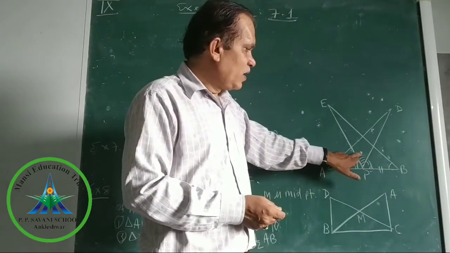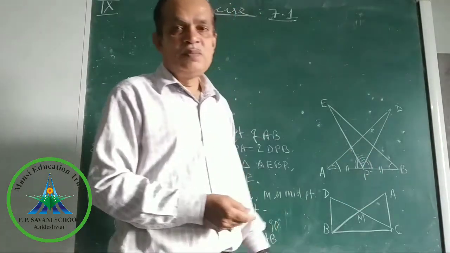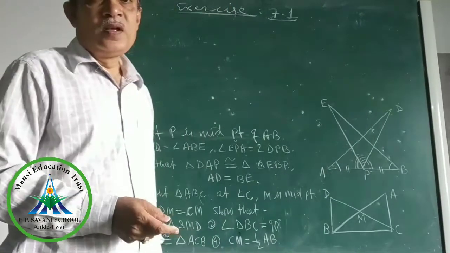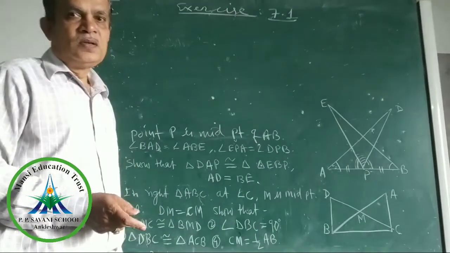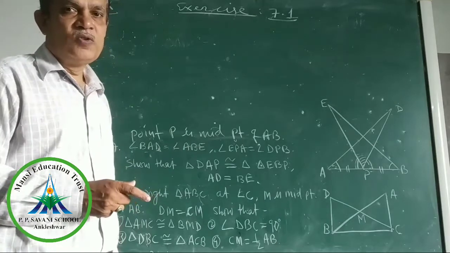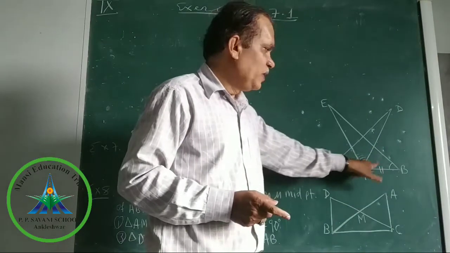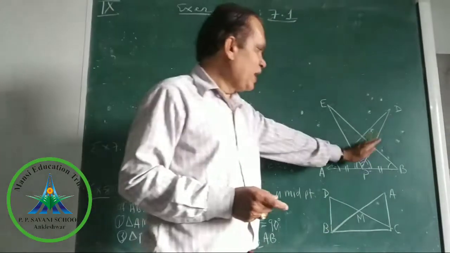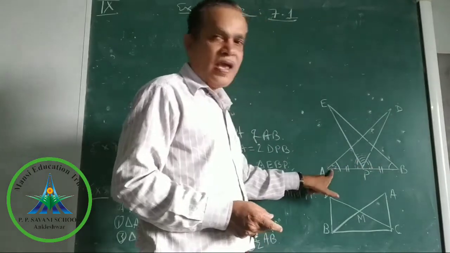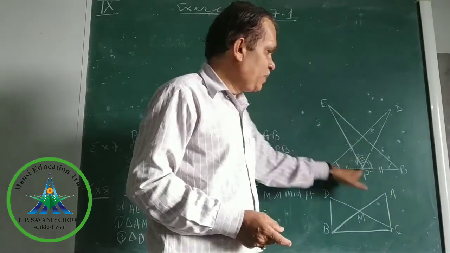Therefore, the addition of this plus this equals the addition of this plus this, because if we add the same thing to equals, then the wholes are equal. Therefore we definitely get this angle equal to this angle. So in both triangles you get angle DPA equal to angle EPB.